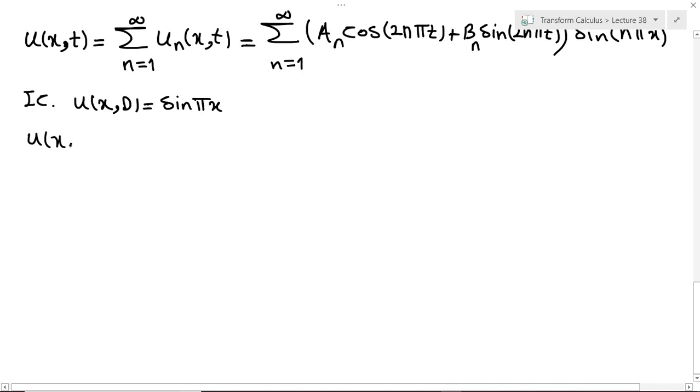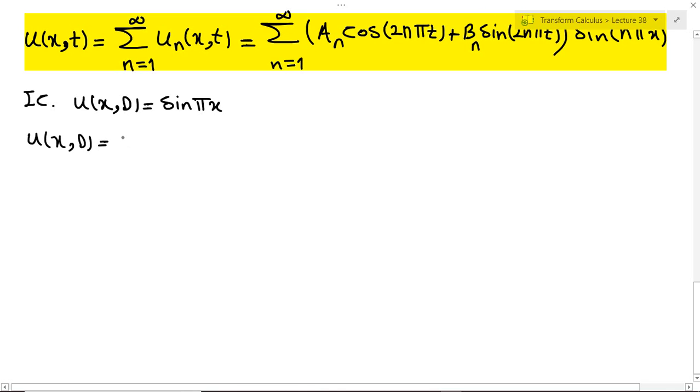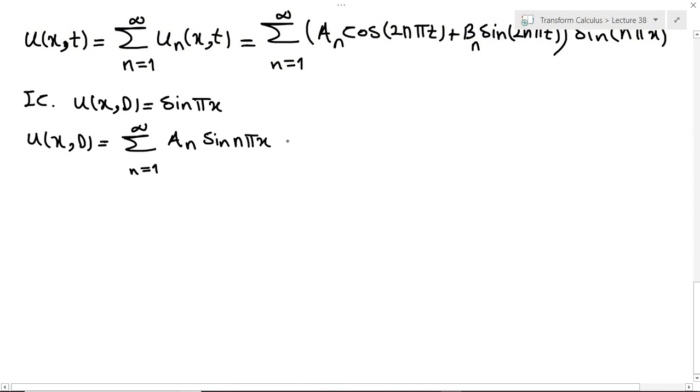So u of x and 0 is equal to summation of a_n times cosine 2n pi t, so t is 0, cosine 0 is 1, plus b_n times sine 0, so sine 0 is 0, and we have sine n pi x. Based on the initial condition, this series should be equal to sine pi x.